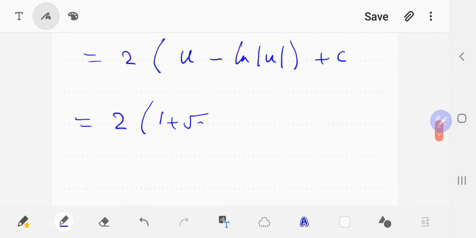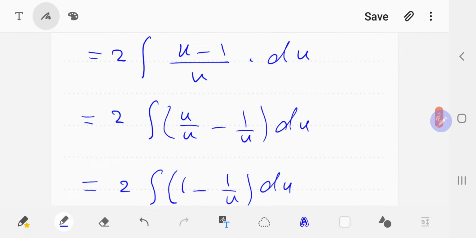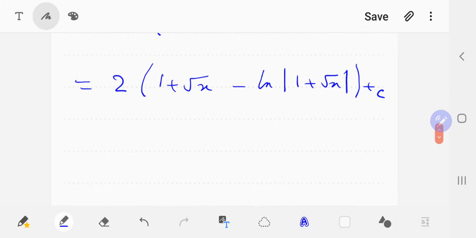So 1 plus radical x minus ln absolute value of 1 plus radical x, absolute value, all plus c. Well, I hope that these examples help you to think, and remember that I gave you keys before to help you in thinking, but these are not rules, so you have to think on how to use them. I hope that this was clear.